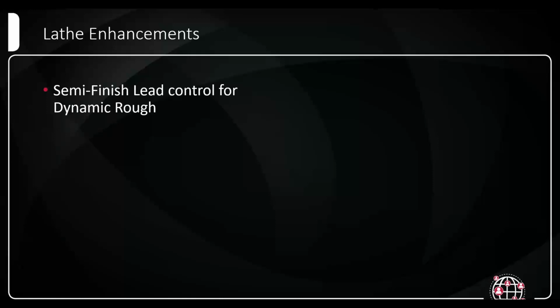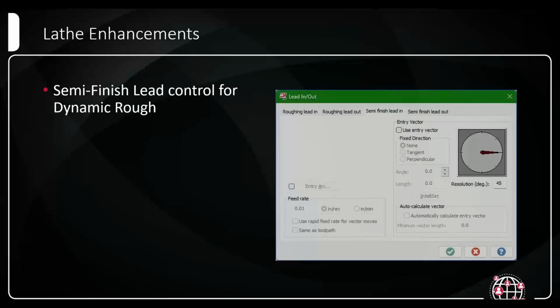So first, in the semi-finish within the dynamic rough, we kept running into issues where you would have a good lead in, lead out for the roughing, but you wouldn't really have a great lead in, lead out for the semi-finish. So specifically for dynamic rough, at this point, I'm hoping to see it come to the regular rough soon, we now have two separate lead in, lead outs.